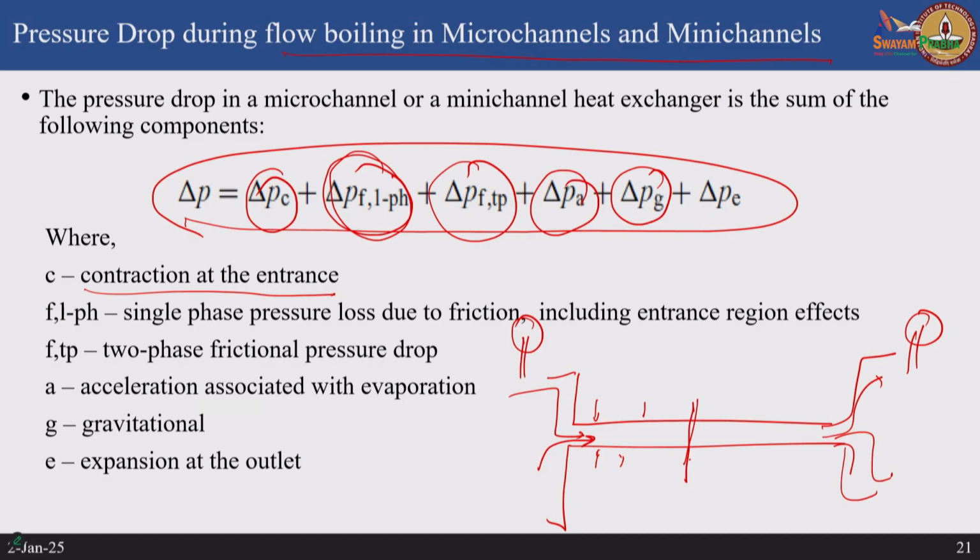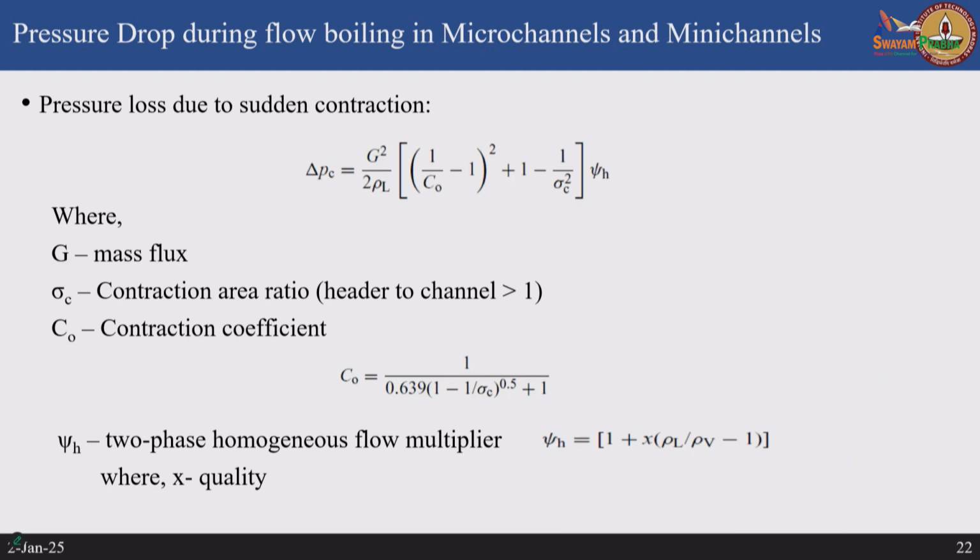One is the contraction loss at the inlet, the expansion loss at the outlet, and within the tube you have a single phase pressure loss, then a two phase pressure loss which accounts for the flow boiling, and then gravitational and acceleration pressure losses. For all this, I think it is very difficult to find exact theoretical models, but we have a number of empirical models.